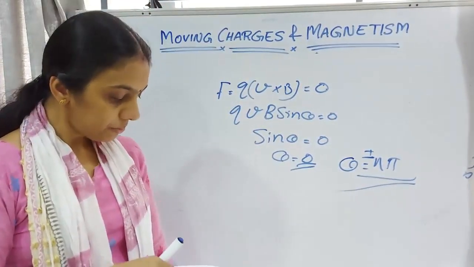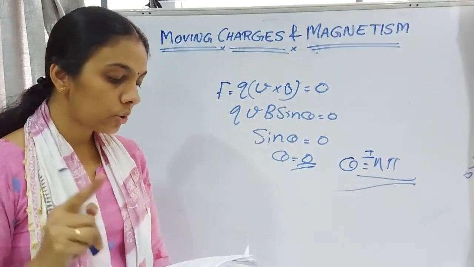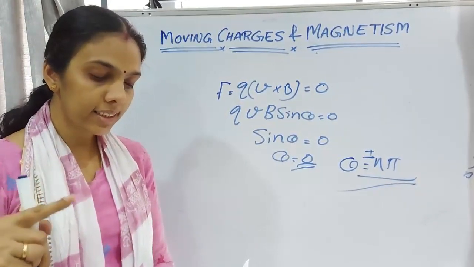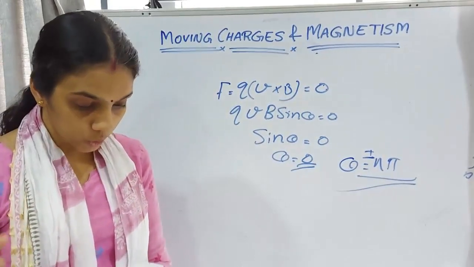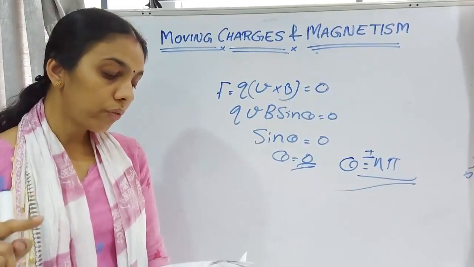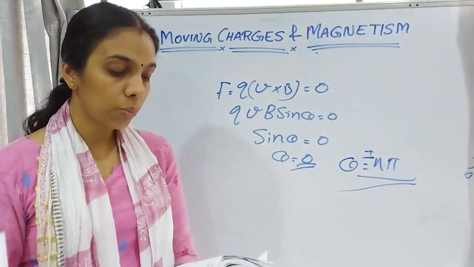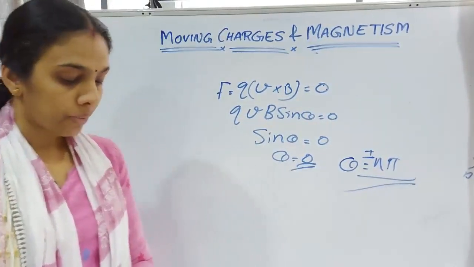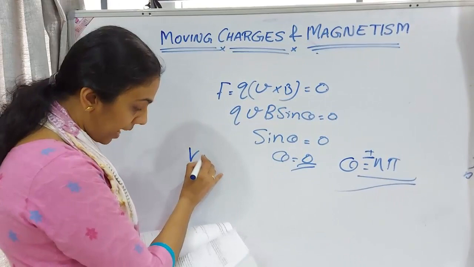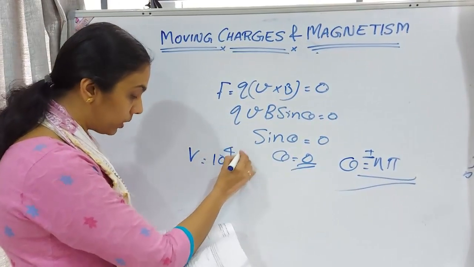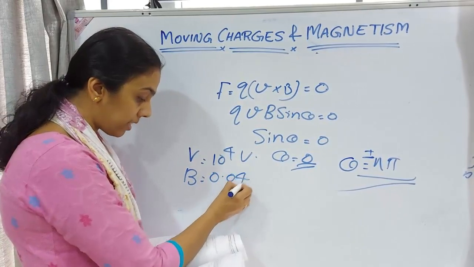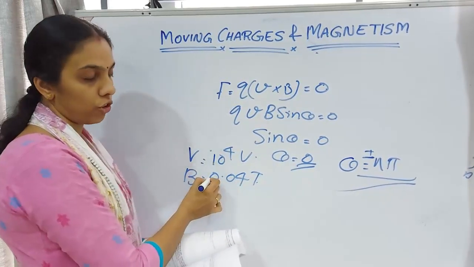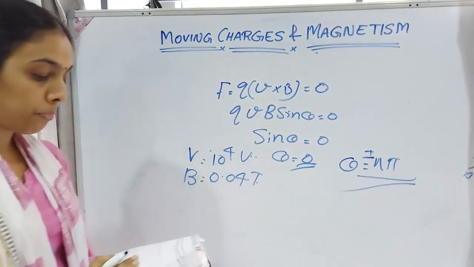Clear? Then next is, an electron after being accelerated through a potential difference of 10 to the power 4 volt enters a uniform magnetic field of 0.04 Tesla. So the potential difference is given as 10 to the power 4 volt. Magnetic field is given as 0.04 Tesla perpendicular to the direction of motion. Both are perpendicular.